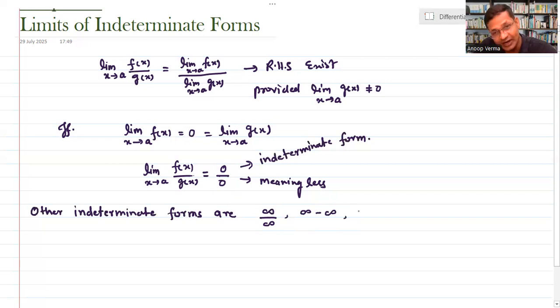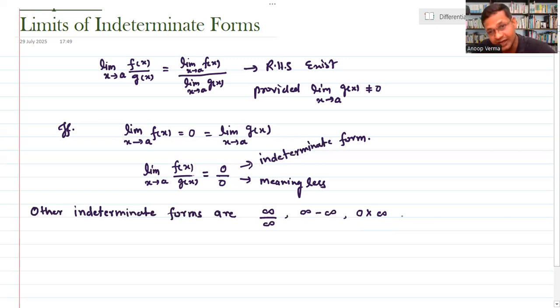When you multiply 0 with infinity, you know that if you multiply 0 with a finite number, you will get 0. But if you multiply infinity with 0, you can't say anything, because we know that if you multiply 0 with a finite number, you definitely get 0. But when you multiply it with an infinite number, you can't say anything.